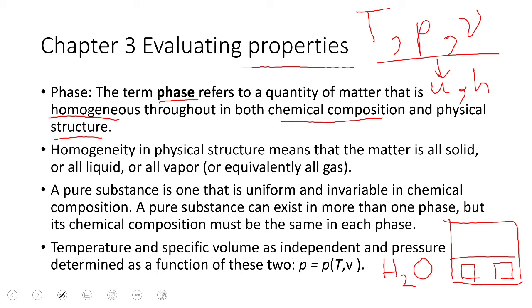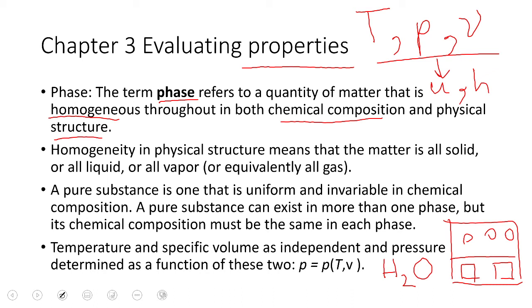However, their physical structures are different for liquid and solid ice. So these are two different phases. If we start heating this water, we would start having water vapor inside this container. Now, this water vapor would also have the same chemical composition, H2O, however, it would have a different physical structure.